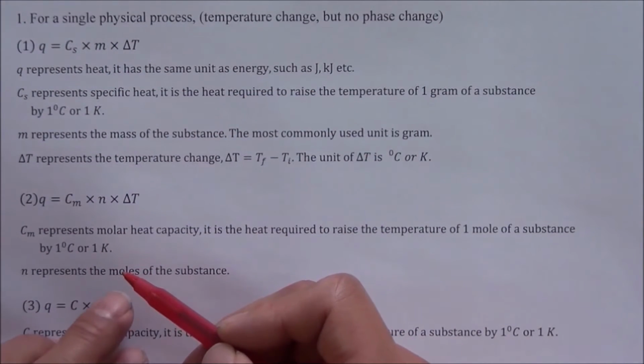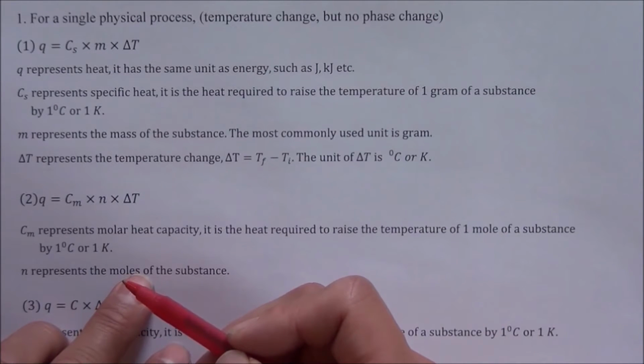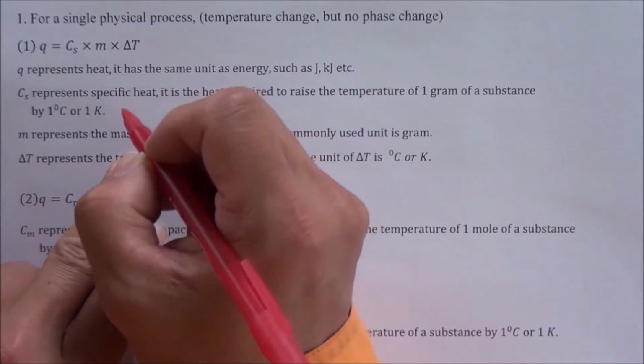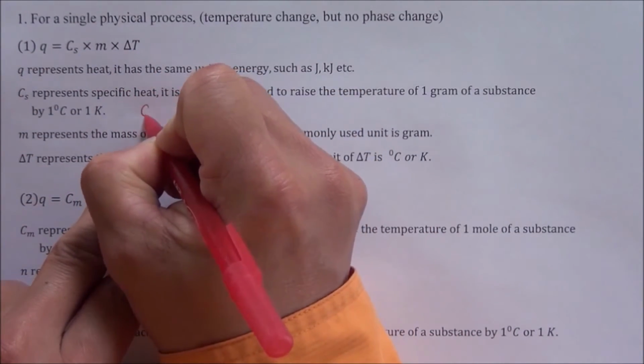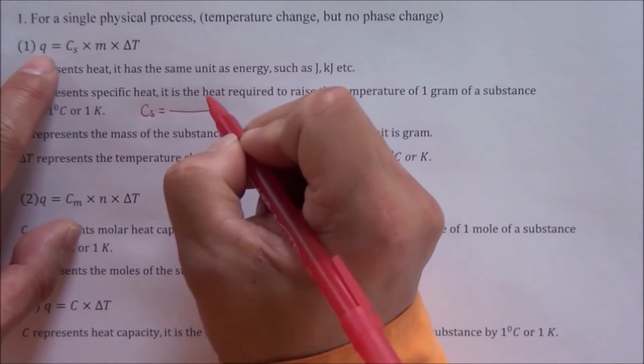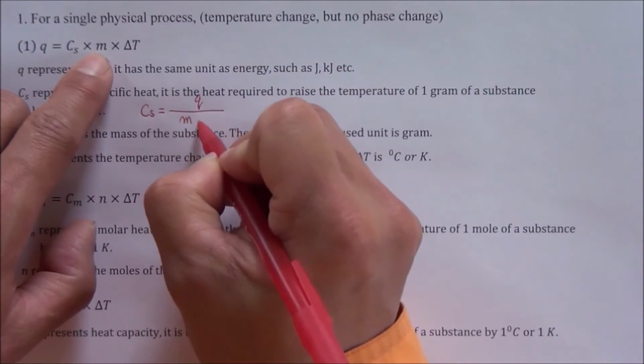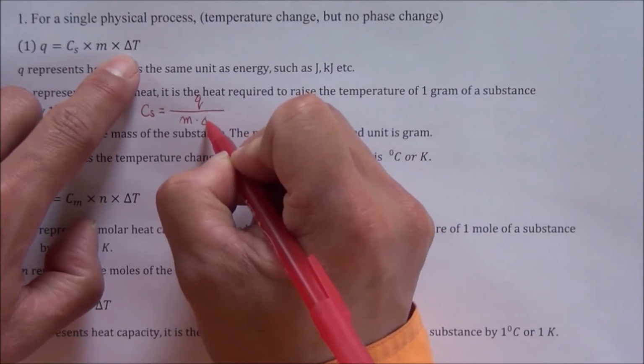Remember, we can use the skills from your algebraic classes to rearrange this equation. We will get Cs equal to Q over M and delta T.